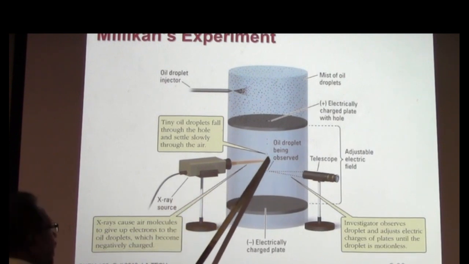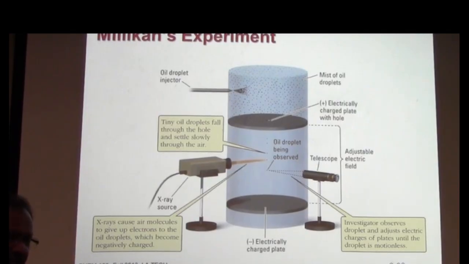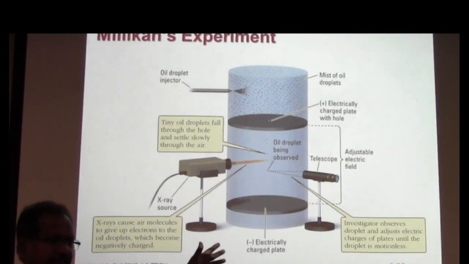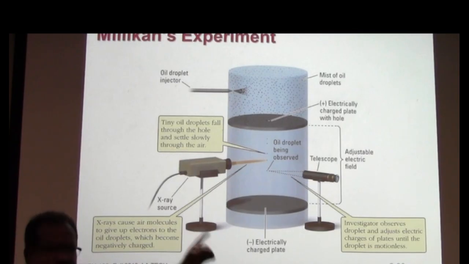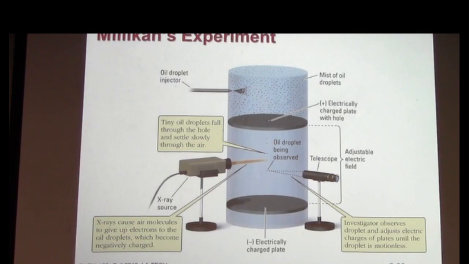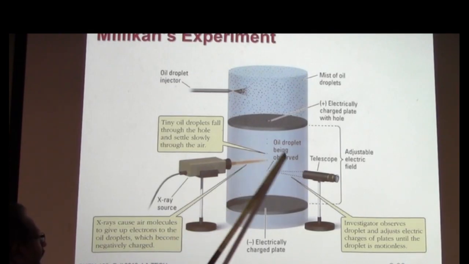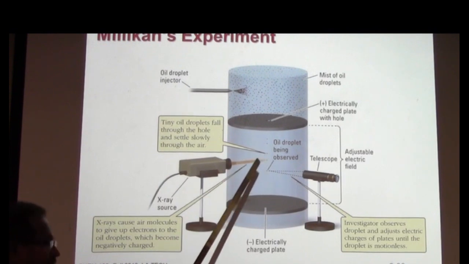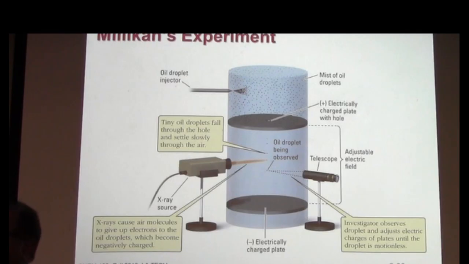Now, when the X-rays hit, there's a gas in here, just like here, there's gas, which has atoms. These X-rays knock off electrons from those gas particles, right? Like, for example, hydrogen or helium. Assume helium. So when helium gas loses the electron, the electrons get trapped on the oil drops.